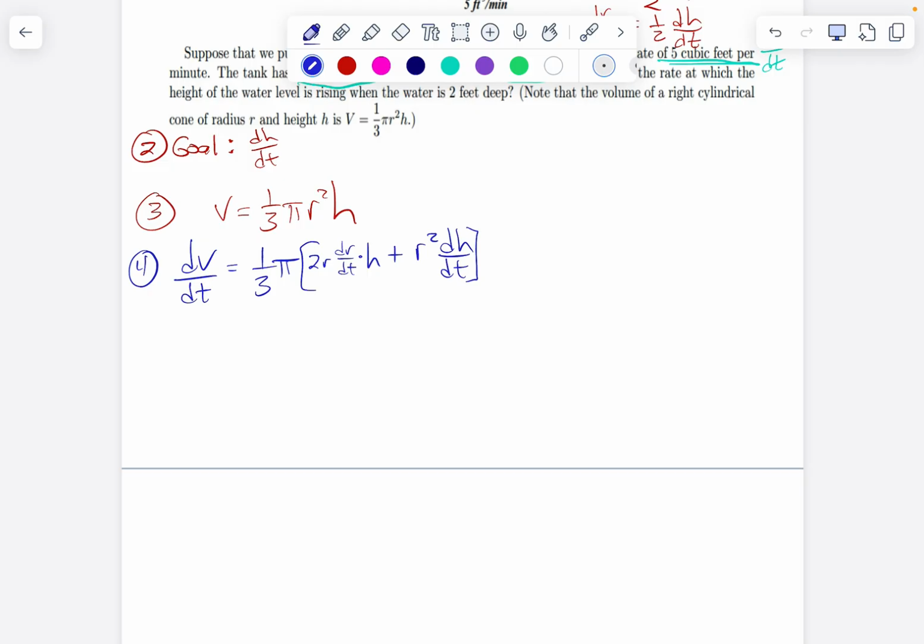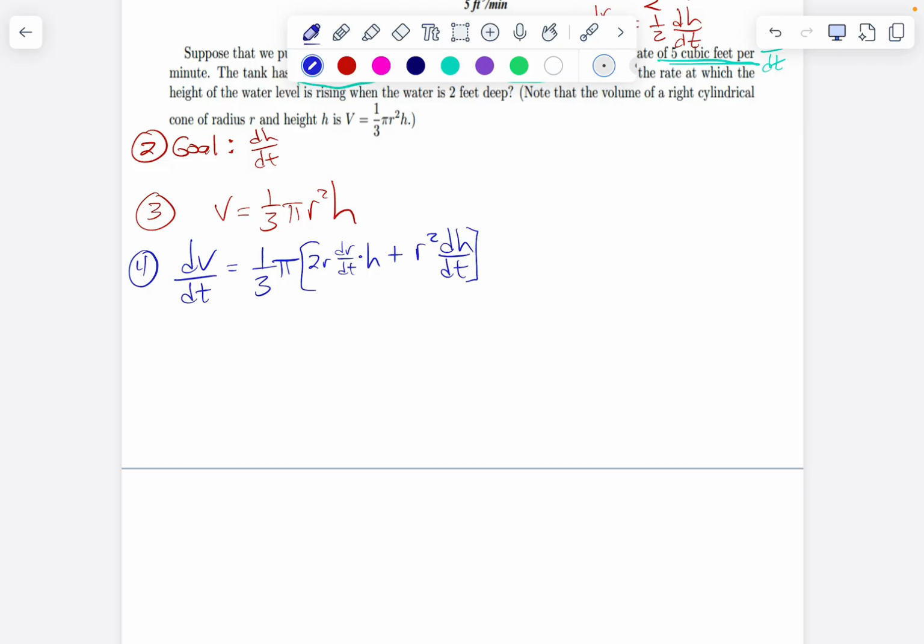All right, let's just pause here and look at what we know, because step 5 is evaluate at the point, at that moment. Well, we know dV/dt, we marked it up there. These are constants. We know a radius. We don't know dr/dt. And we don't know a value of a radius, but we can plug in those things up there that we wrote down. Okay, and we know h.